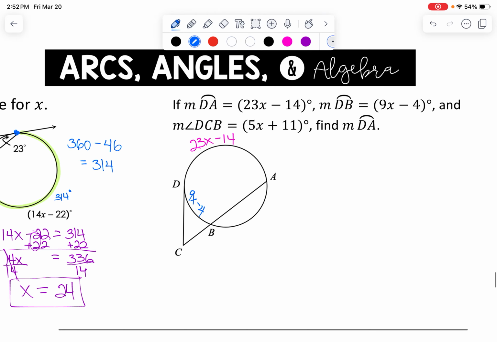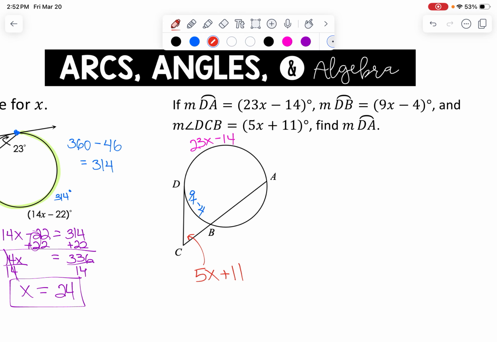And the measure of angle DCB is 5x plus 11. Find the measure of arc DA.